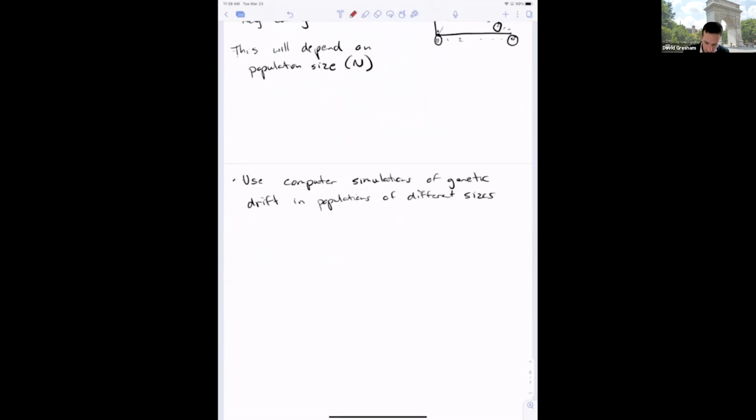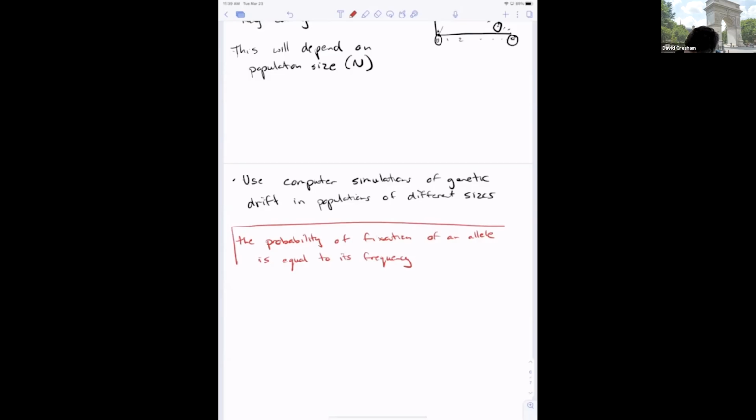And what we're going to try to see empirically in our simulations is the answer that I'm going to give you right now: the probability of an allele ever going to fixation, not in one generation, which was the first example I showed you, but the probability that ultimately it will go to fixation, is equal to its frequency.